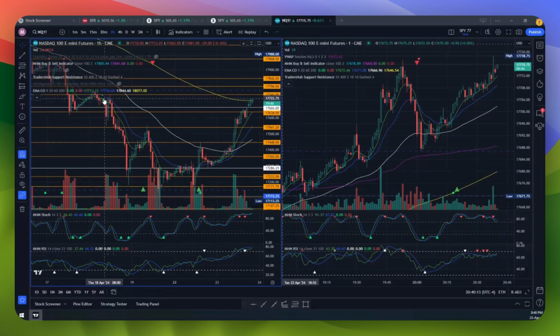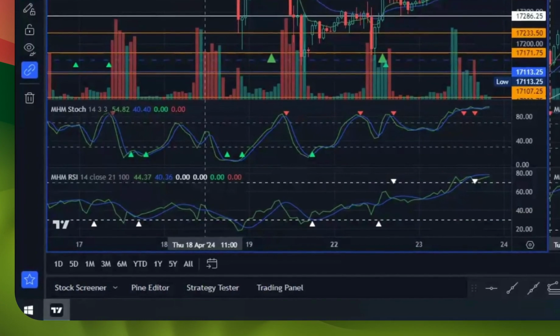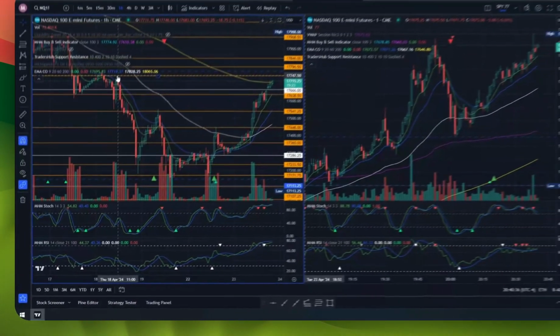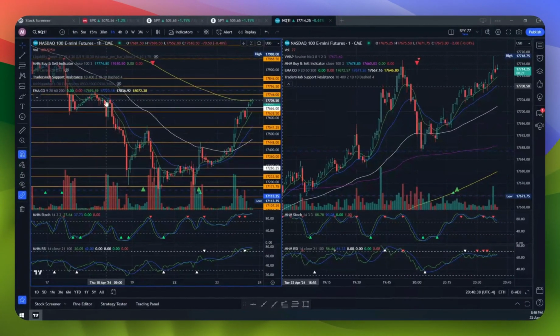Because if it goes through this, I need to have a close above this level. If it closes above this and starts going up, then this is way too much because the next level I have is 47. I'm not going to risk all the way up to 47 on this. Does it make sense? I don't use a fixed stop loss like 10 points, 5 points, 3 points. I would rather let the chart tell me where to stop.